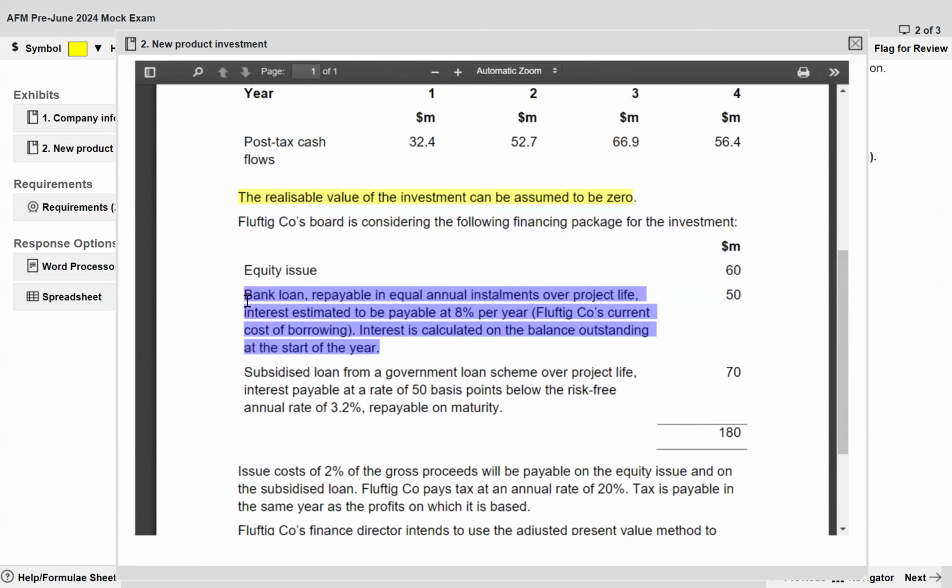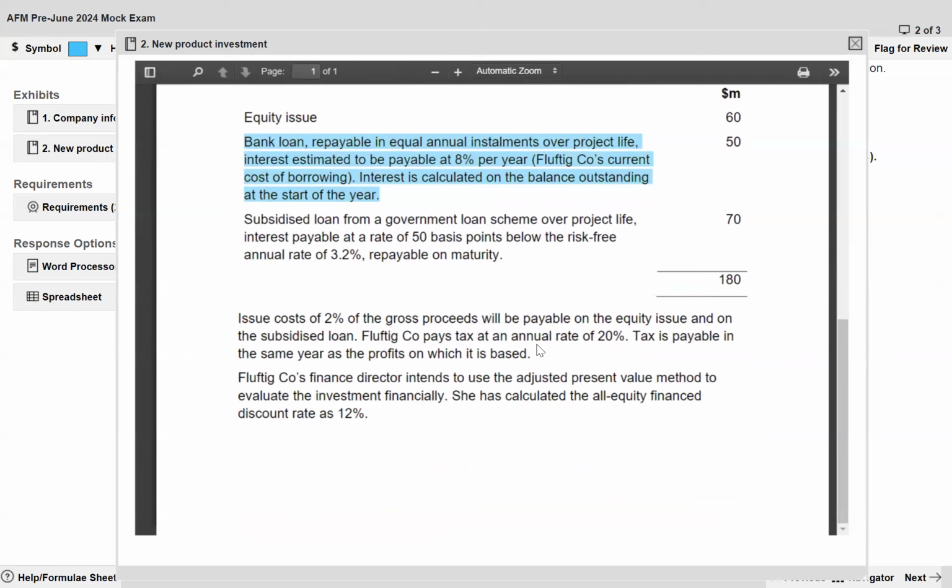It has not been very common to ask this question of this kind of loan because this is a loan which is amortized, but here we are. Then also a subsidized loan from a government scheme over the project life, payable at the rate of 50 basis points below the risk-free rate of 3.2, payable on maturity. So those are the financing arrangements in place.